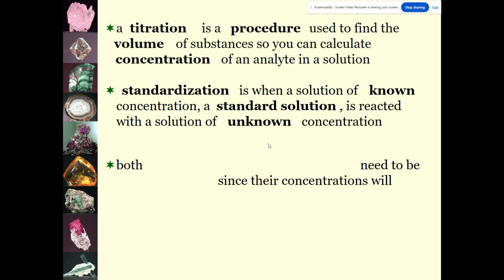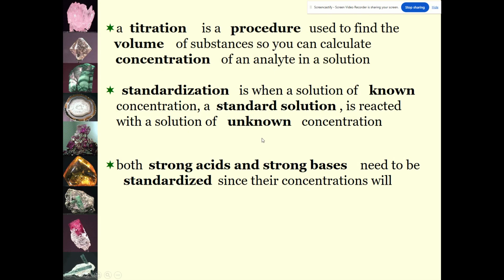Standardizing it means we're finding its concentration. We're reacting it against a standard solution of known concentration to find the concentration of an unknown solution. Strong acids and bases need to be standardized in this process over time because they slowly dilute themselves, reacting with the water that they're dissolved in.